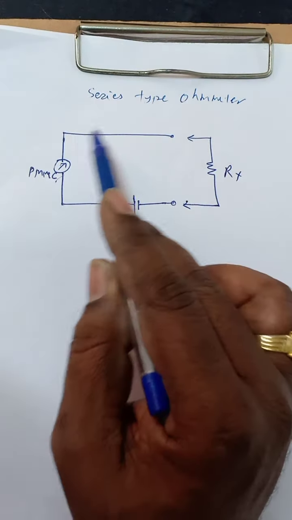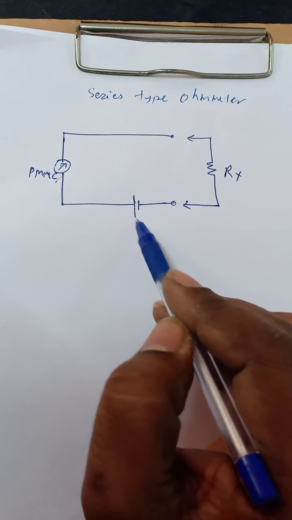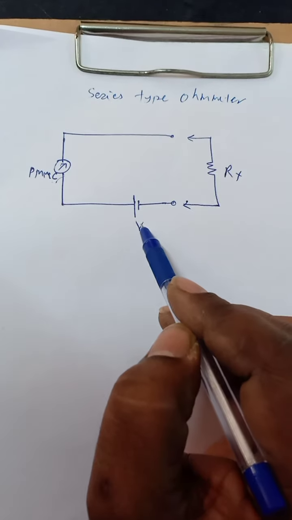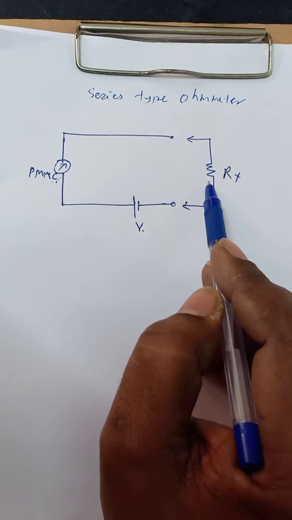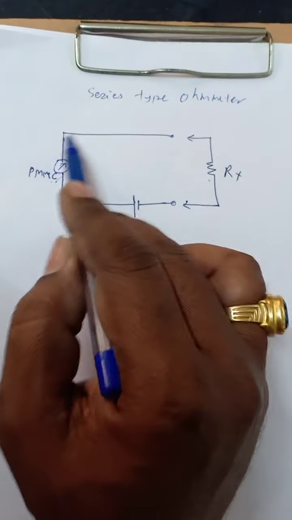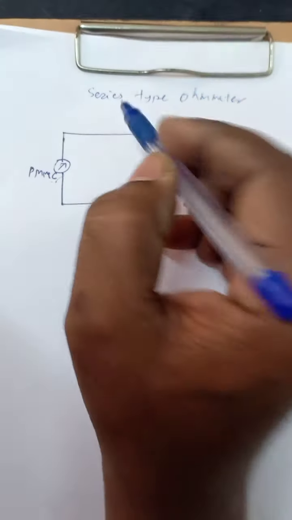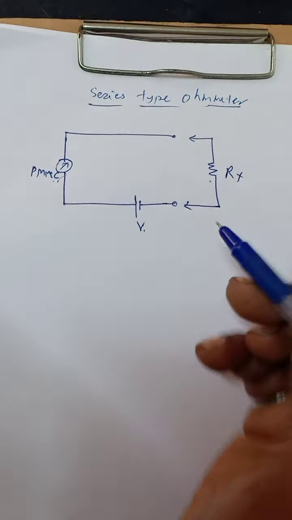So this is a series connection. The voltage source, PMMC and unknown resistor are connected in a series. That's why the name is given a series type ohm meter.